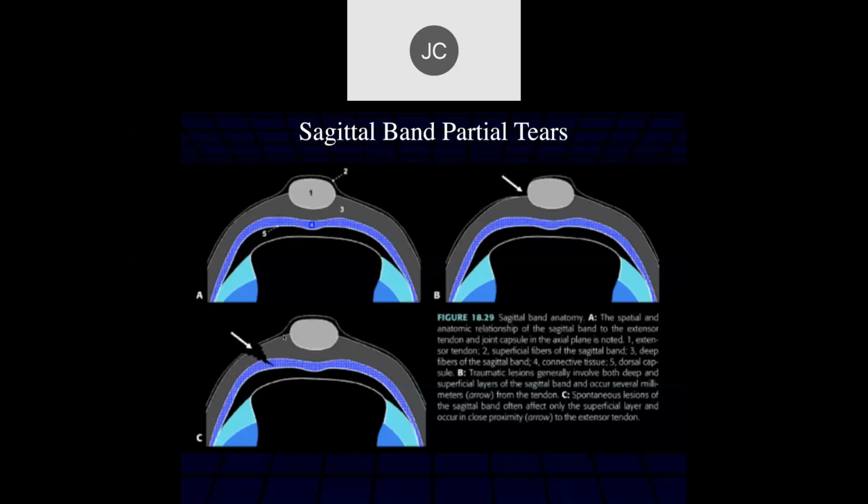If we have abnormal signal intensity, but the extensor tendon is in the midline, usually that means that there's a partial tear. From a surgical standpoint, there's more subtle anatomy involved in these partial tears, but I don't think we can reliably visualize the different layers on an MR examination.